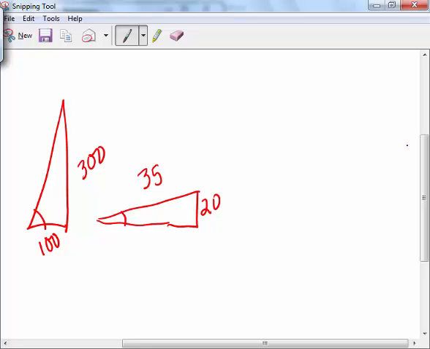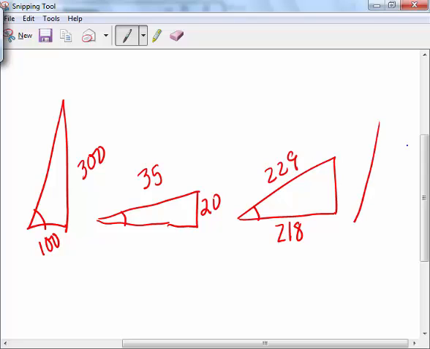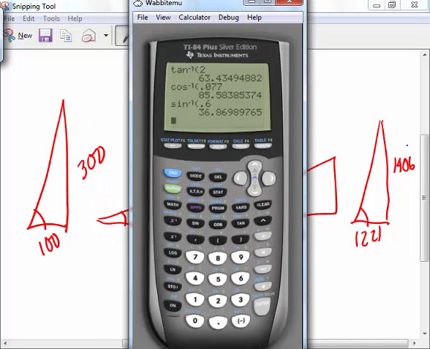Or the third one, if this is 229 and this is 218, and then the last one for this angle, and we know this is 1221 and this is 1406. Okay, so let's just find those 4 measurements.